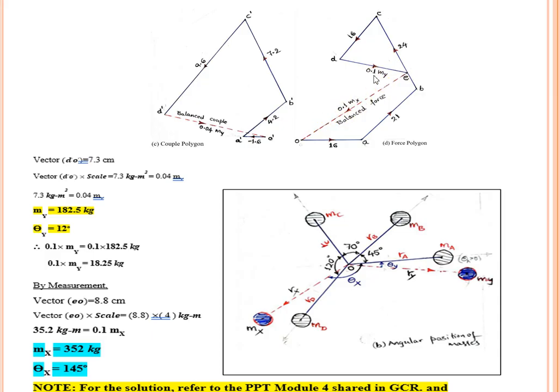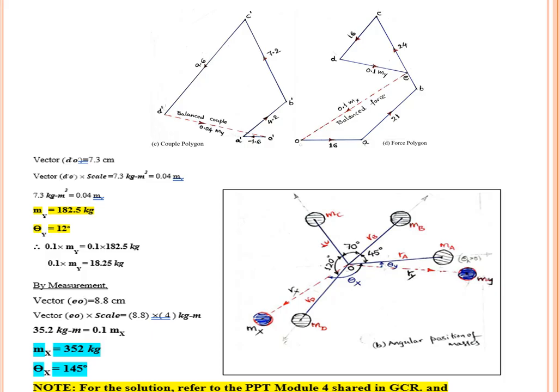Here it is 0.1 of my, and 0.1 of mx is there. So measure 0.1 of mx with respect to the given scale, and you are going to get it as the balance force.